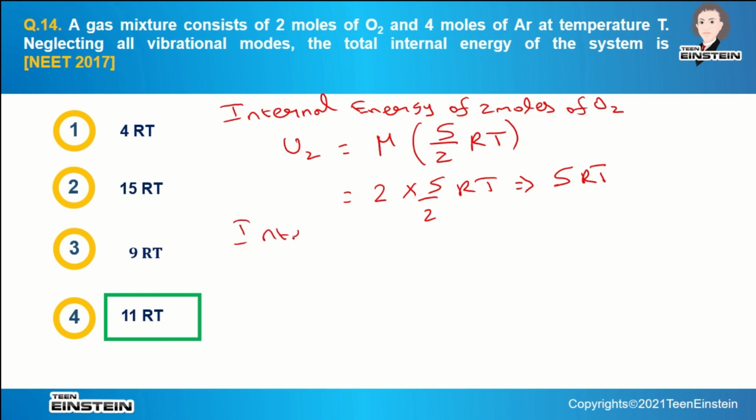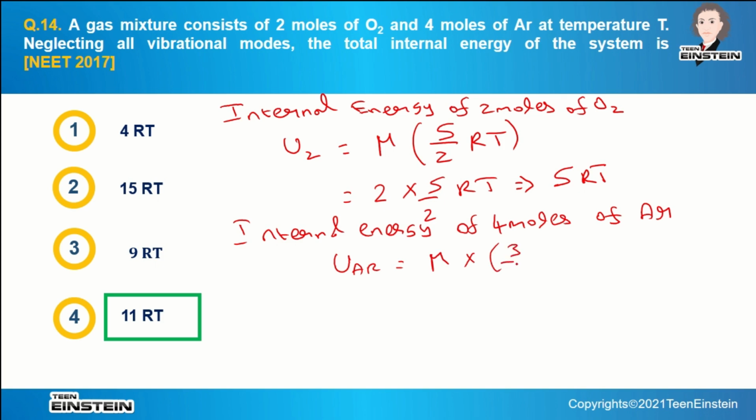Now the internal energy of 4 moles of argon. U argon is mu into 3 by 2 RT. So here it will become 4 into 3 by 2 RT, which is equivalent to 6 RT.